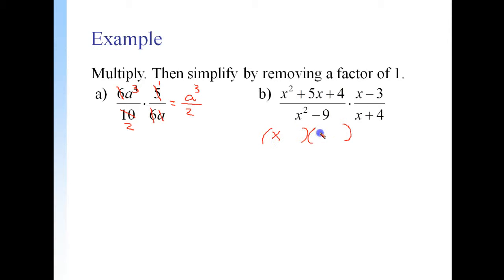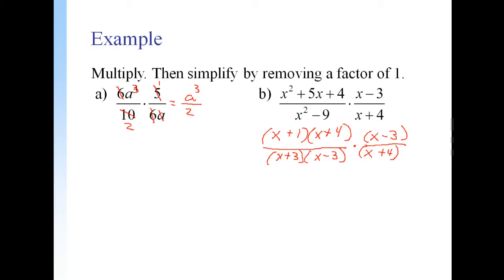So there's x, 4, 1, plus, and here these are the conjugates, x plus 3, x minus 3, and then this is x minus 3, x plus 4.